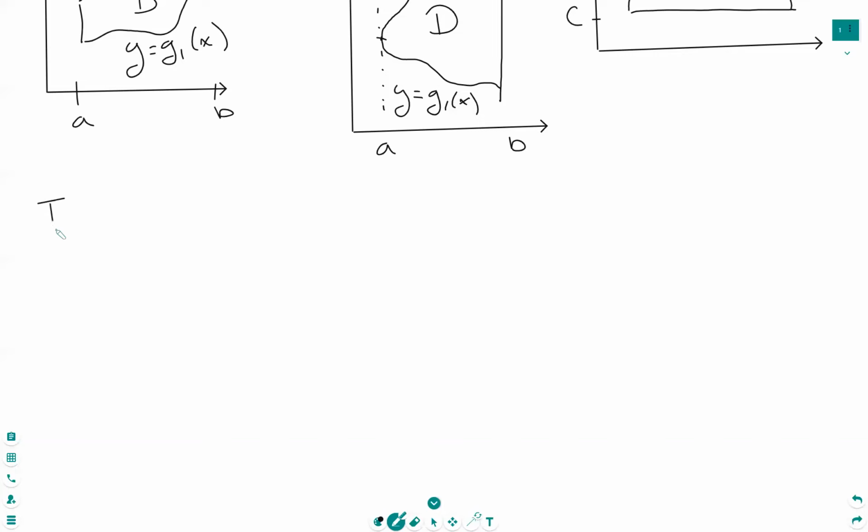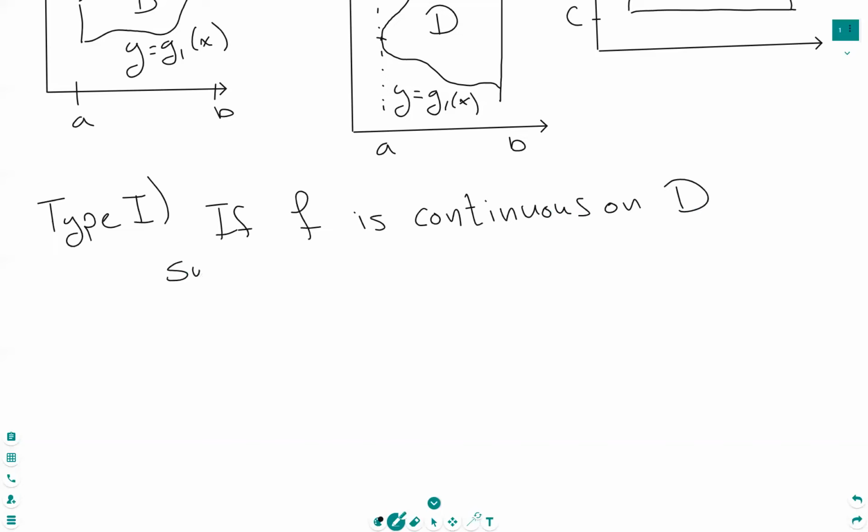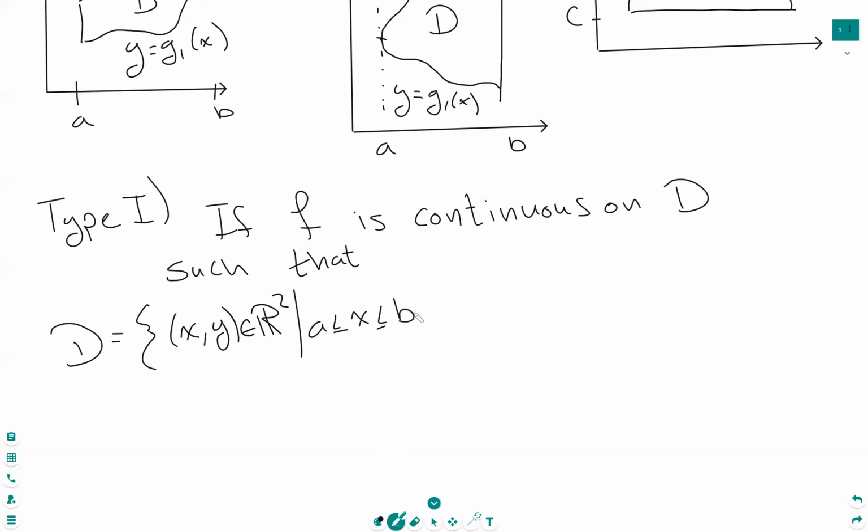So let's go over type 1. If f is continuous on some region D, such that the region D can be written as the set of all x and y in R2, such that a is a lower bound for x, and we have an upper bound for x that's b, but we have that y is bounded by two functions, g1 of x and g2 of x.